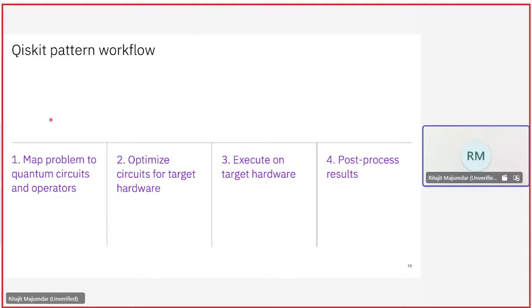So the first step that we need to do is to map a problem into the language that a quantum computer understands. And that's quantum circuits and operators, which are basically observables. So this is step 1 of the Qiskit pattern, and often this is the main research area.